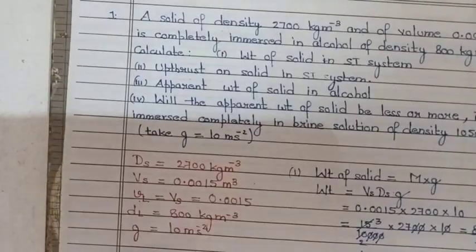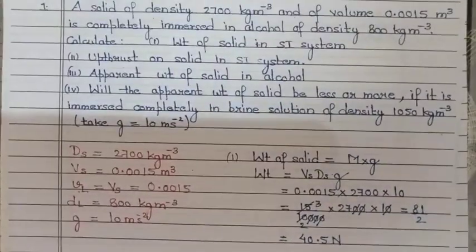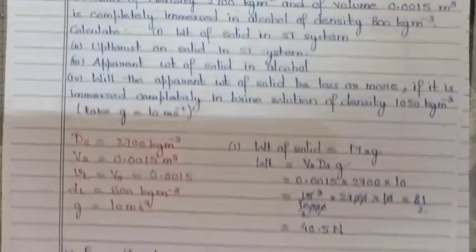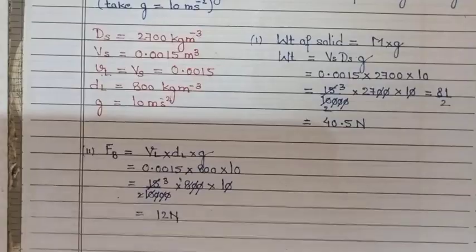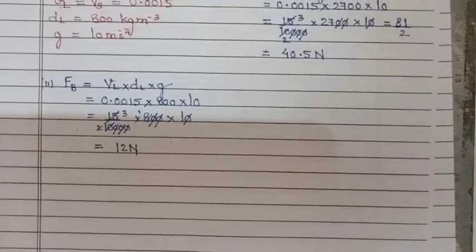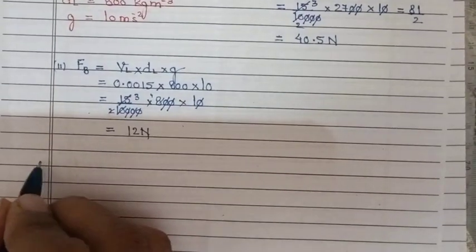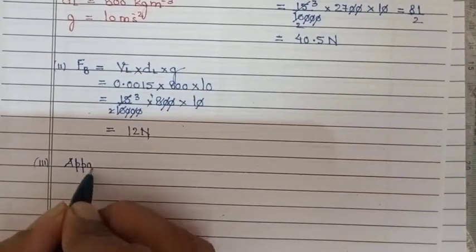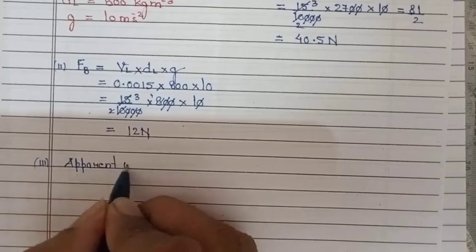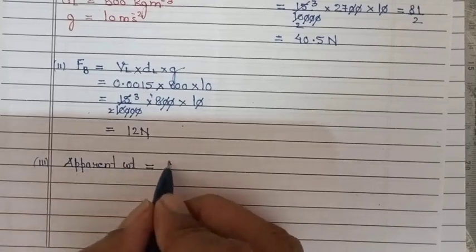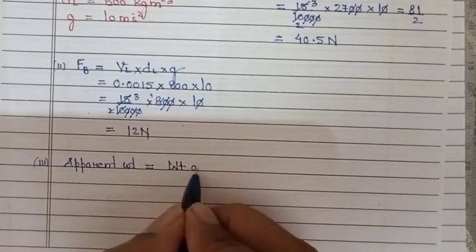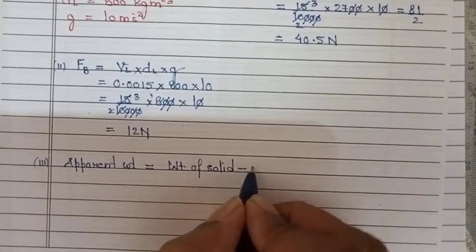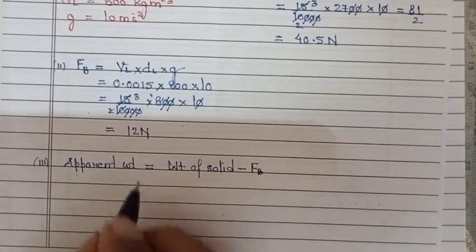Now the third part says what we have to calculate over here in the third part: apparent weight of solid. Now let's calculate the apparent weight. See how you will calculate the apparent weight. To calculate the apparent weight, whatever you got the weight of solid in air, from that you will subtract upthrust on the solid.